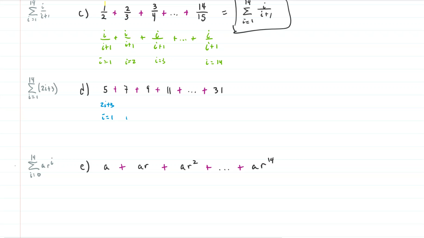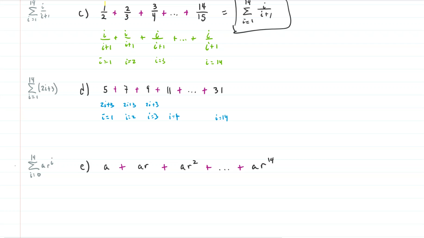So that means this next one, I would have to be 2, and then 3, and then I is 4, giving 11, and this would go all the way up to I equals 14. Again, we would have 2i plus 3: that's 2 times 2, which is 4, plus 3 is 7, perfect. And 2i plus 3 with I equals 3, 3 times 2 is 6, plus 3 is 9, perfect.